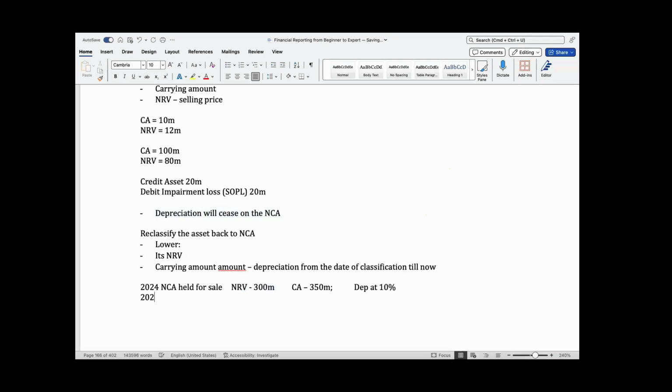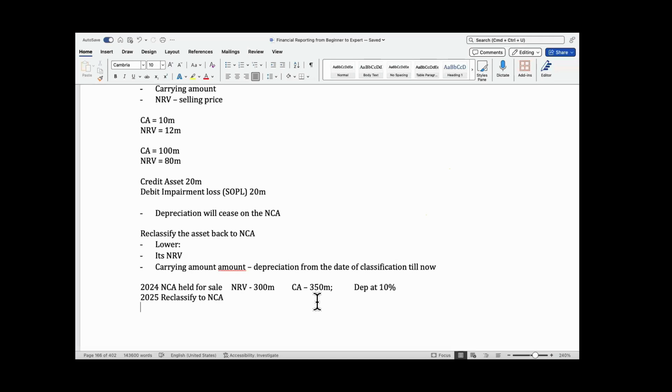But in 2025, you could not sell the asset, so you need to reclassify it back to non-current asset. You are going to reclassify it at the lower of this 300 million, because it will still be at 300 million in your books, the net realizable value, and the 350 million minus the depreciation you were supposed to have been charging but did not charge.